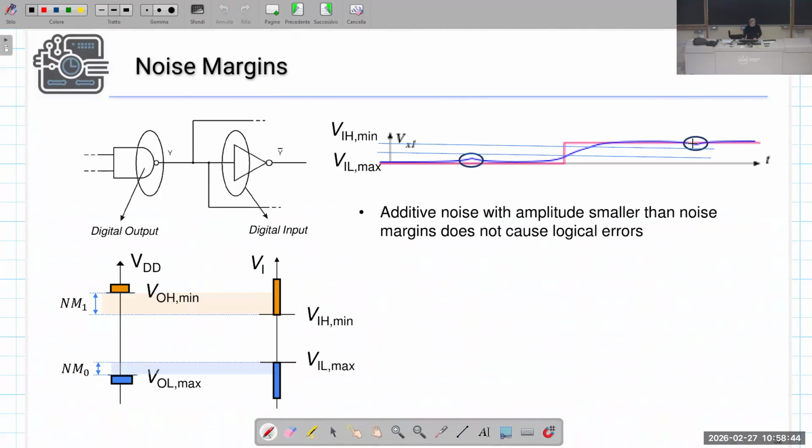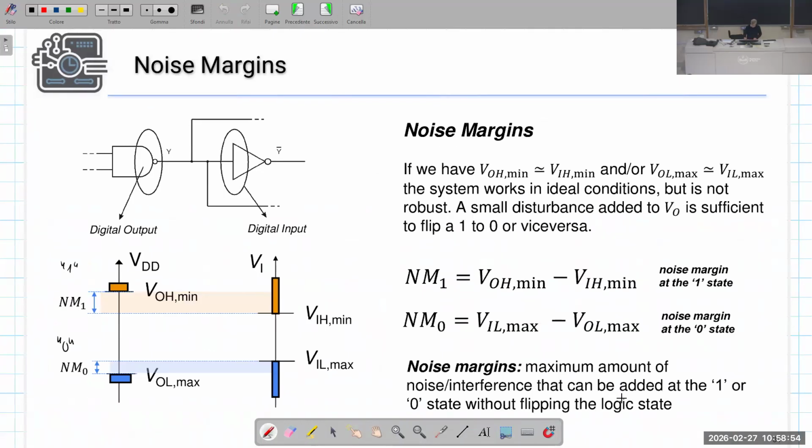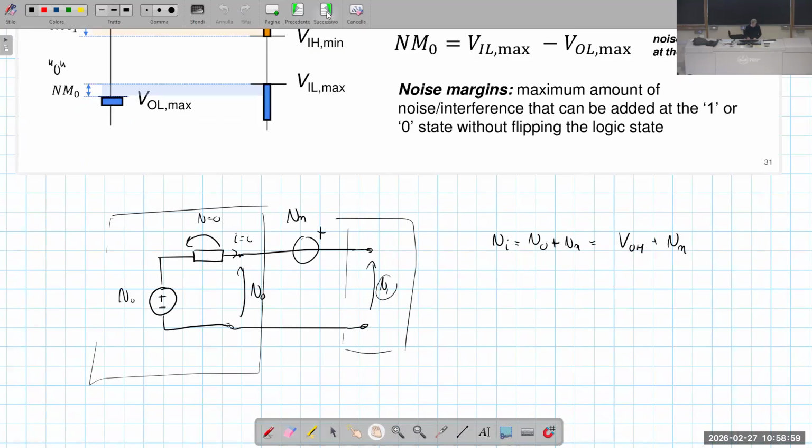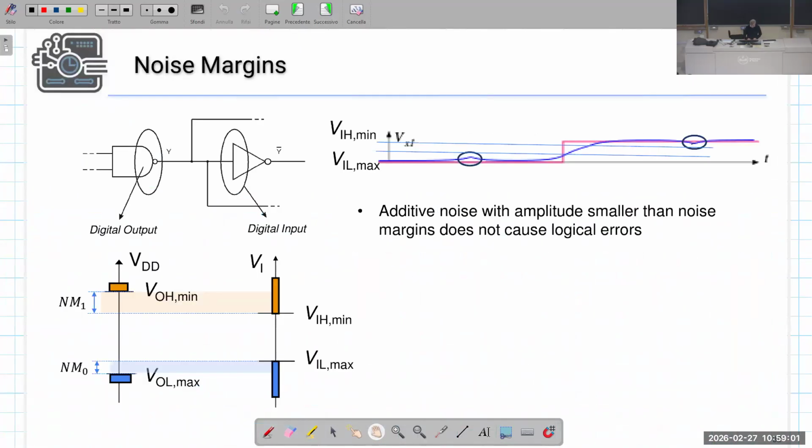Now here we are at the high level. We have that this variation here represents noise, the Vn that I have mentioned here. If this variation is smaller than the noise margin at the high level, this logic state that is supposed to be 1 is correctly interpreted as 1, even if we have noise.